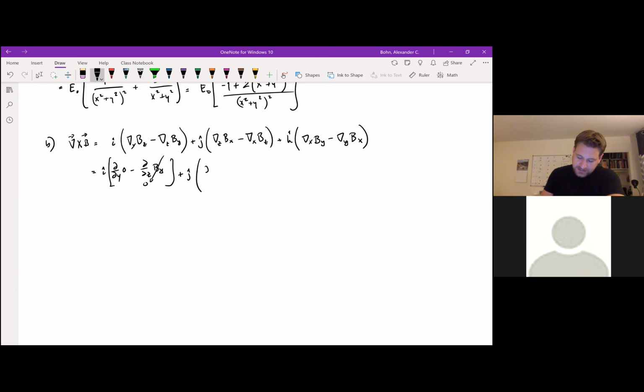The partial with respect to z of the x component of vector b, but again, that is 0 because it doesn't depend on z, minus the x partial of the z component of vector b, but there isn't one. So again, that vanishes, plus del by del x of by minus del by del y of bx.